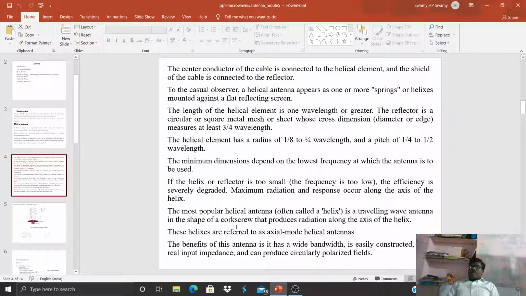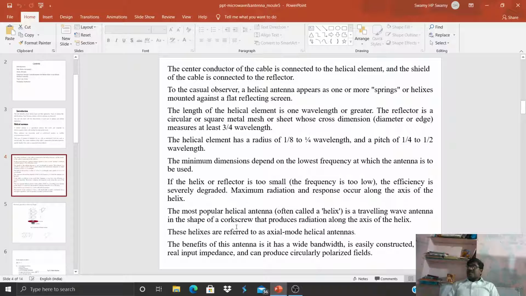Why are helical antennas used in axial mode? Because of benefits like wide bandwidth, the structure is constructed very easily, and it has real input impedance.